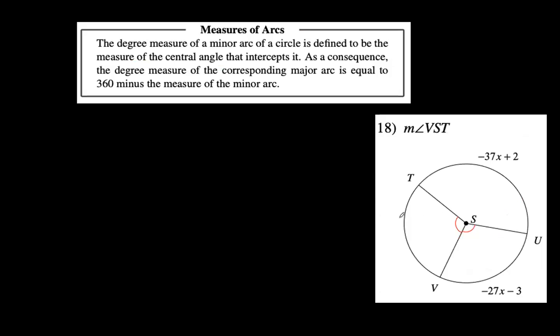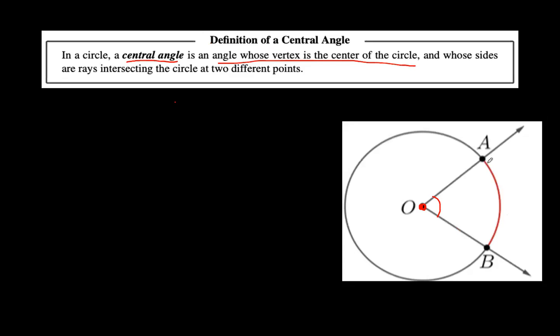For the measures of central angles, the degree measure of a minor arc of a circle is defined to be the measure of the central angle that intercepts it. Whatever the measure of this intercepted arc, the measure of the central angle intercepting arc AB is equal to it.